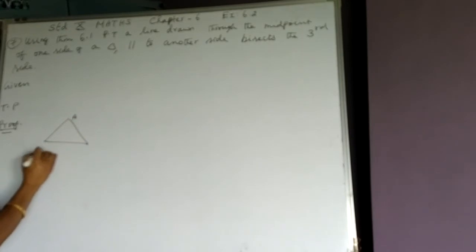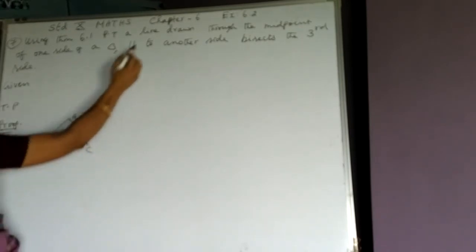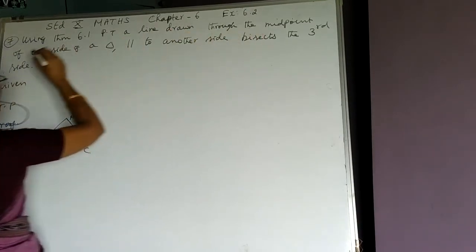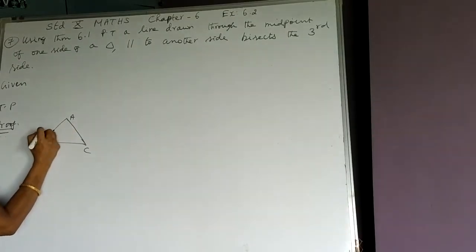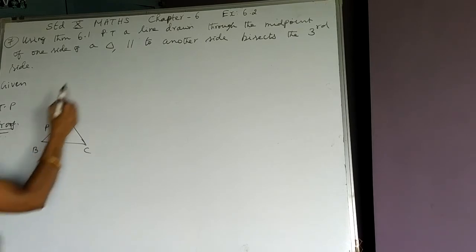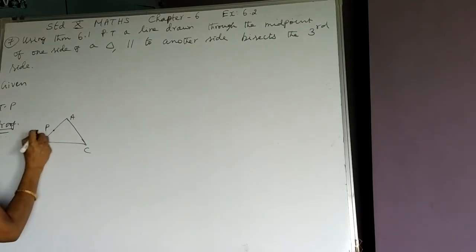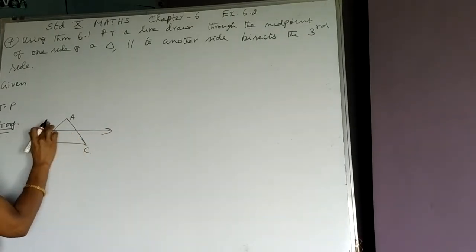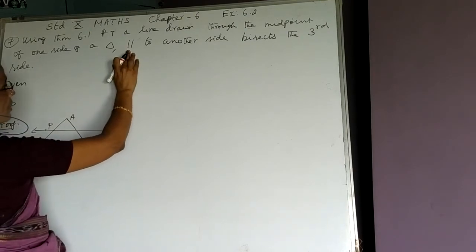A triangle is given. In this triangle, a line drawn through the midpoint of one side. I take the side AB. Let P be the midpoint of AB. So a line is drawn through the midpoint of one side of the triangle. How is it drawn?